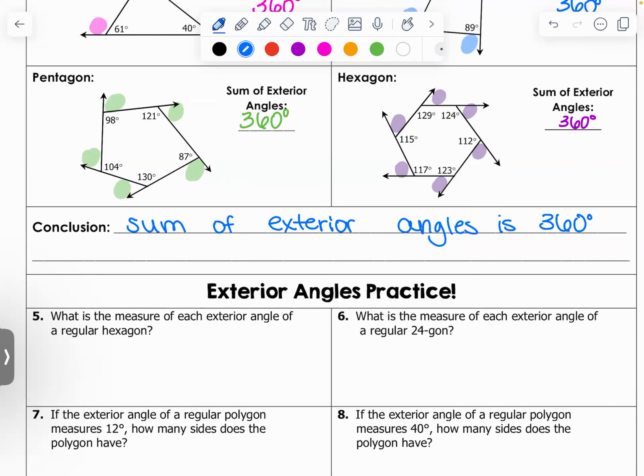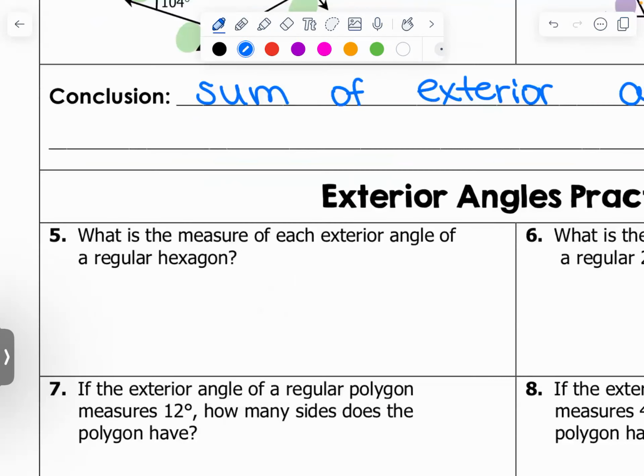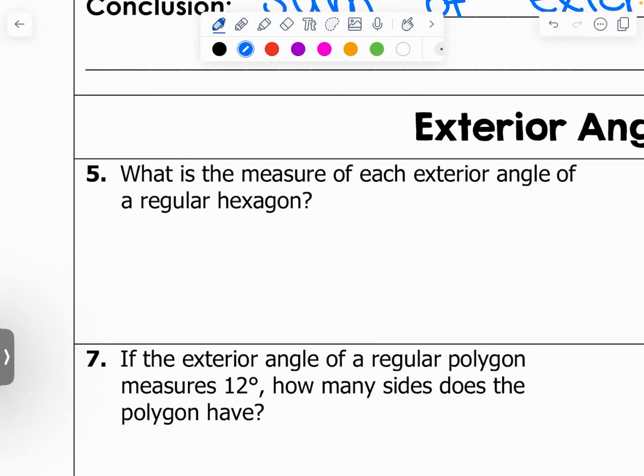Okay, so the measure of each exterior angle of a regular hexagon. Well, what's the sum of our exterior angles? 360. And every exterior angle would be the same on a regular hexagon. How many angles are there?